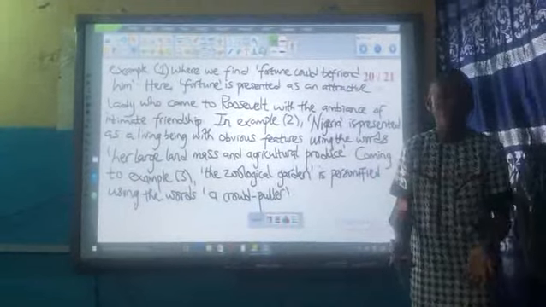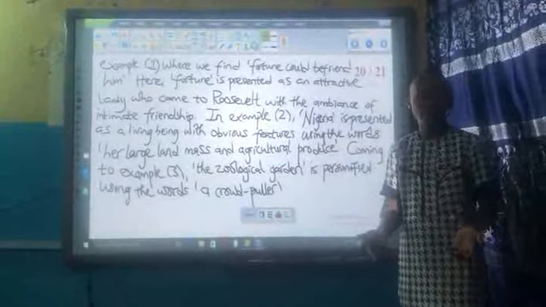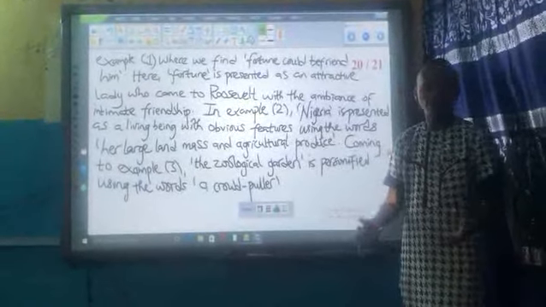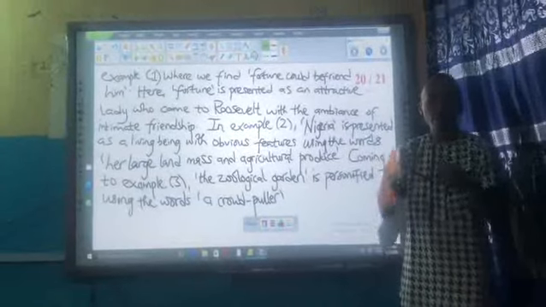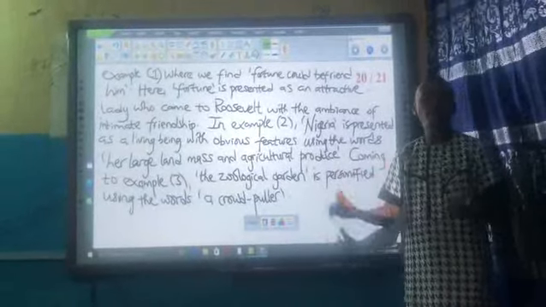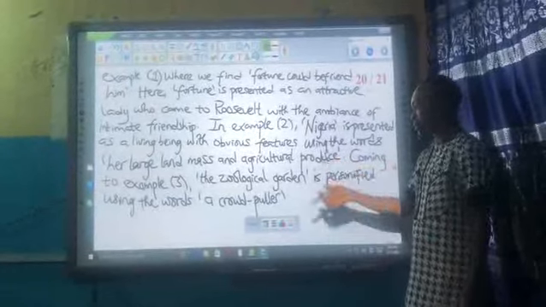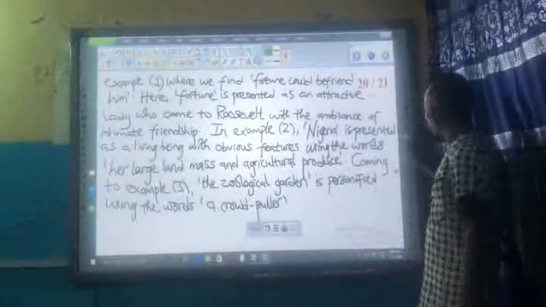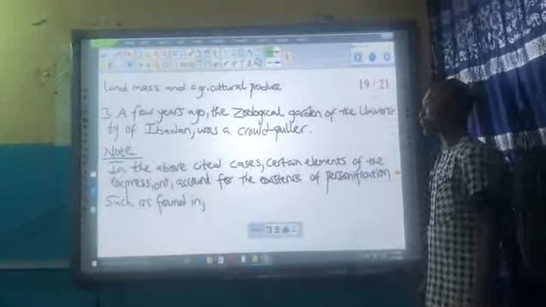Renowned evangelists, celebrities, actors, musicians in the entertainment industry, and renowned pastors of large congregations are crowd pullers. But here, they are saying the zoological garden of the University of Ibadan was a crowd puller a few years back.